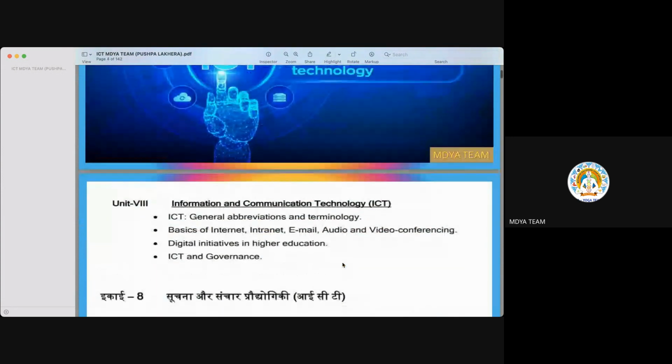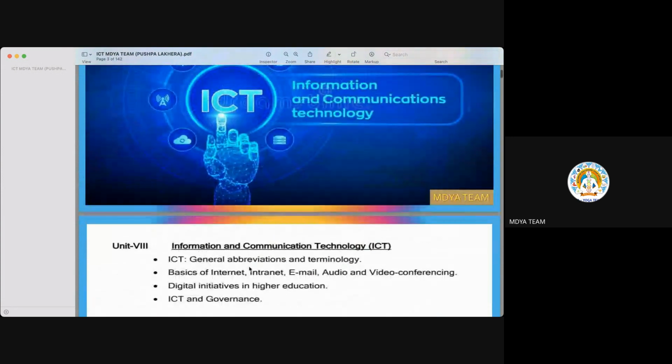All right. So here we cover these four major topics. That means you will understand what it means, what the terminology is regarding ICT, then the basics of the internet, what engineering or technology it is using to convey that information or knowledge to other people.